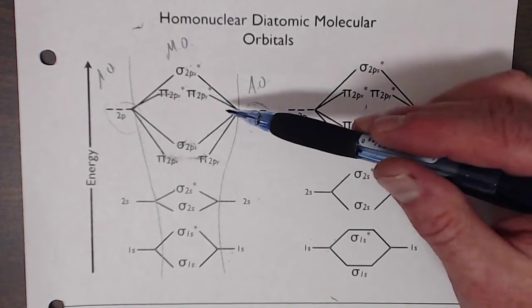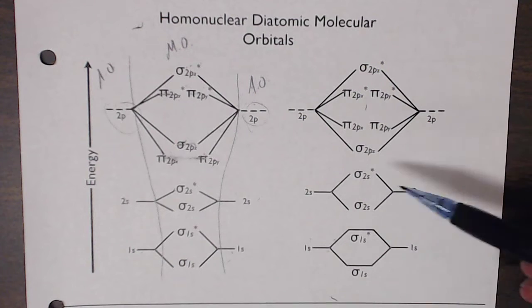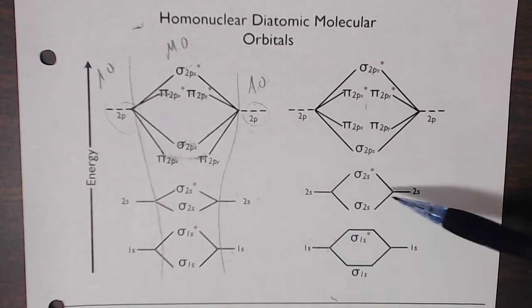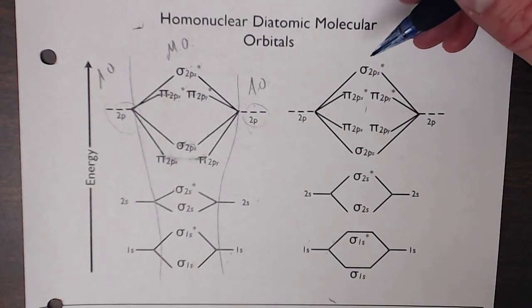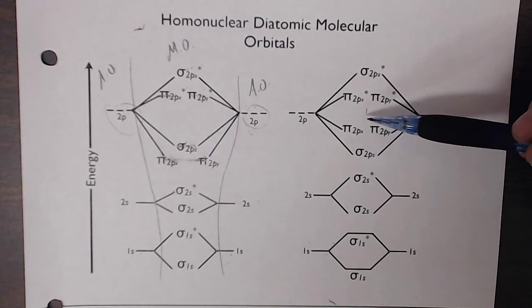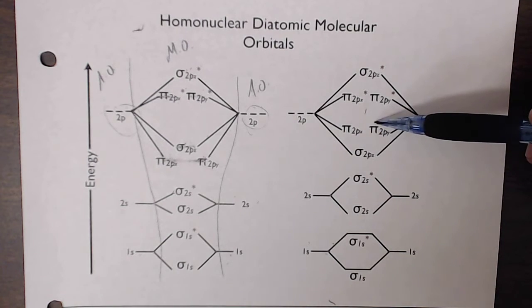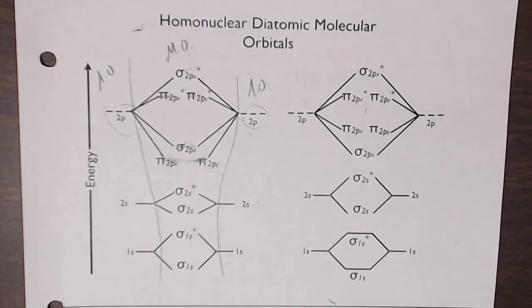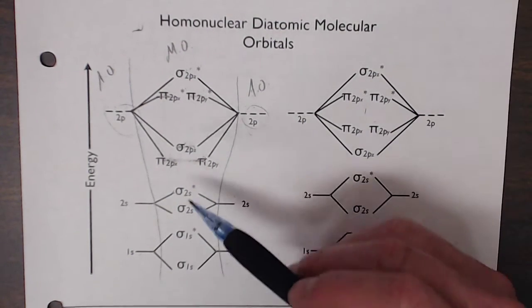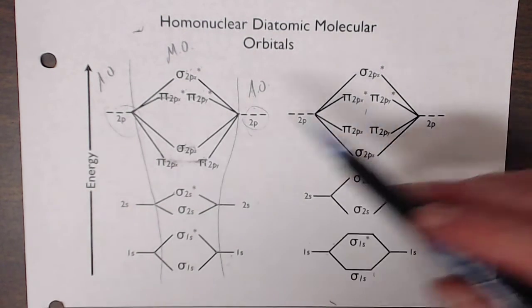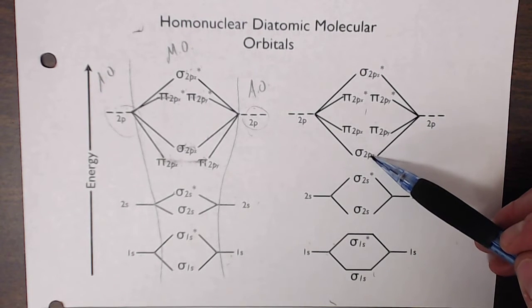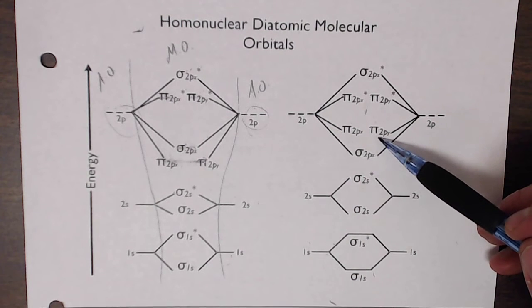And so now if we compare this one to this one, we notice that the 1s and the 2s MOs are the same. And now if I start looking at what's happening here, the position of the pi bonds switched with the position of the sigma bonds. Because as it turns out, some molecules will have pi bonds that are lower in energy than their sigma bonds, and some molecules will have sigma bonds that are lower in energy than their pi bonds.